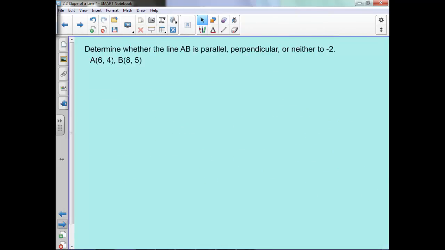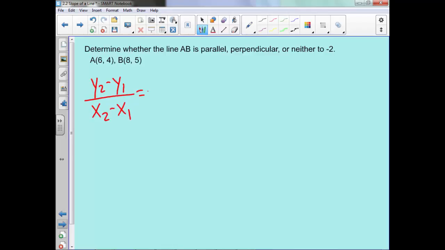So now we have to figure out whether the slope between these points is parallel, perpendicular, or neither to a slope of negative 2. So first off, we'll find the slope between these two points. Once again, y2 minus y1 over x2 minus x1 is our slope.